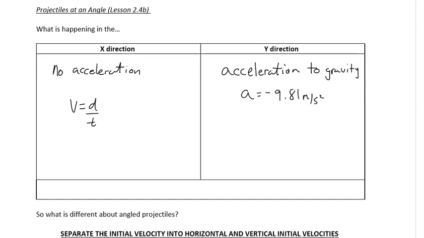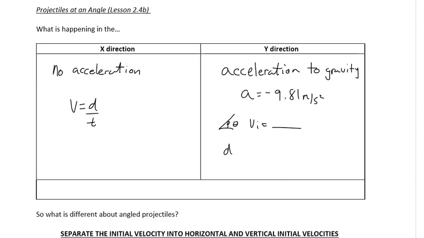And it is angled, so we have an initial velocity that will not be zero, like we had with the horizontal. So this will equal something that is not zero.